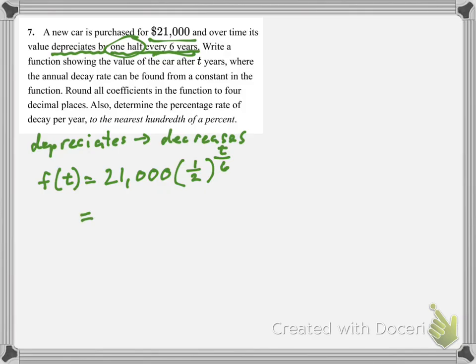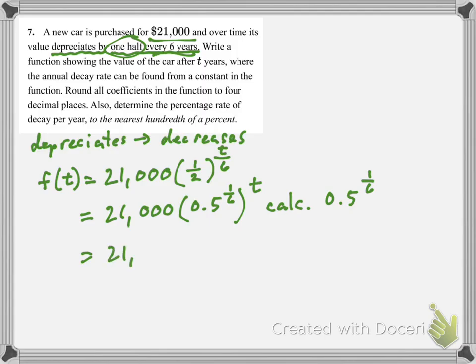Now, pull all the numbers inside. Now, here's the thing, guys. If it were me in this situation, I would make 1/2 0.5. It's just going to make things a lot easier for you. 0.5 to the 1/6 power. Then the t's on the outside. So we need to calculate 0.5 to the 1/6.